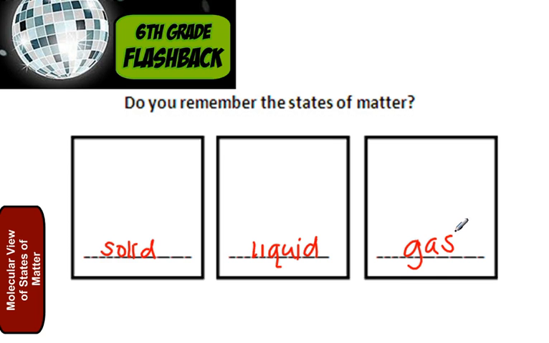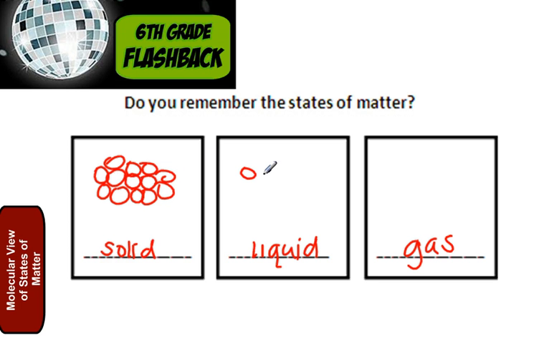Okay. So what would those molecules or those atoms look like if it's a solid? Well, if it's a solid, they're all going to be very tightly packed together. Okay, so a solid would have particles that look like this, where they're very tight.